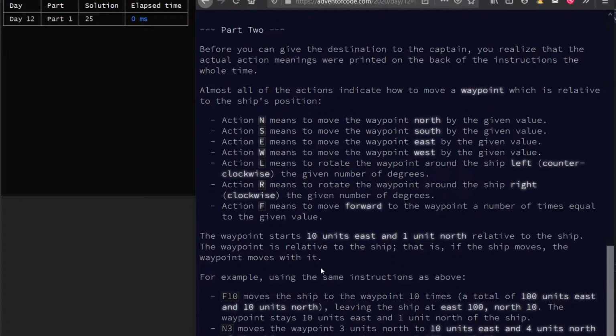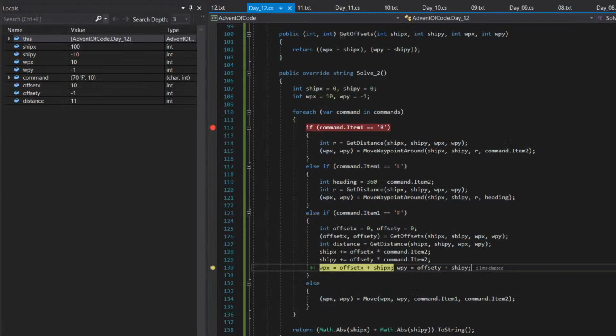North, up, negative. Okay. Leaving the ship at east 100 and north 10. The waypoint stays 10 units east and 1 unit north of the ship.